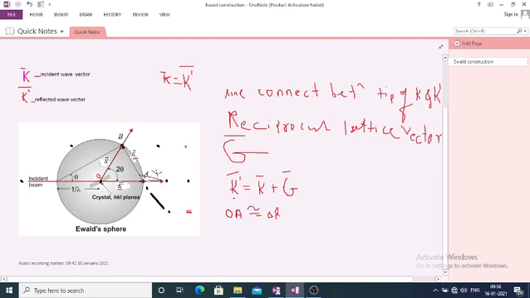So OA must be equal to OB. It should be remembered that OA is equal to OB. So your triangle OAB is an isosceles triangle.